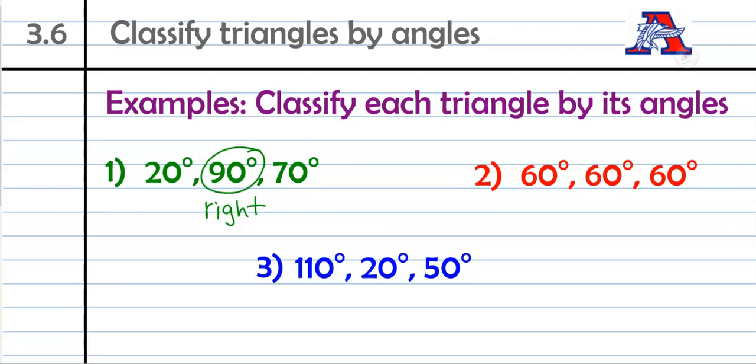Moving on to the red one, 60, 60, 60. That would be equiangular. And then lastly, we have a 110, a 20, and a 50. Those add up to 180, so that's good. And because of that 110 degree angle, this one is obtuse.